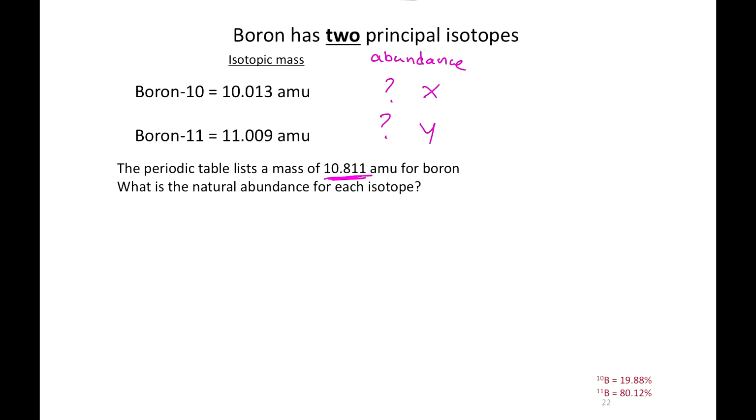So for example, if x was 40%, you just have to solve for x, because if you know x is 40%, we already know that y has to be 60%. So we're going to invoke that trick again, where we know x plus y equals 100%. But I'm going to say that this is equal to 1 because I want to work with fractions, because our equation is going to work with fractions.